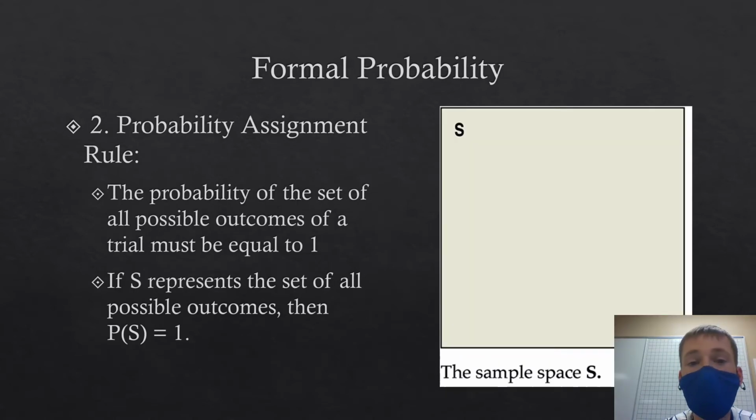Another property we have of formal probability is that if we add all of the possible outcomes together, then the probability of those outcomes has to add up to 1. So when we're flipping a coin, all the possible outcomes are flipping heads and flipping tails. There's not really another option. So if we add the probabilities of those two events up, obviously that's 50% and 50%, add those together, it has to be 100%, or 1.